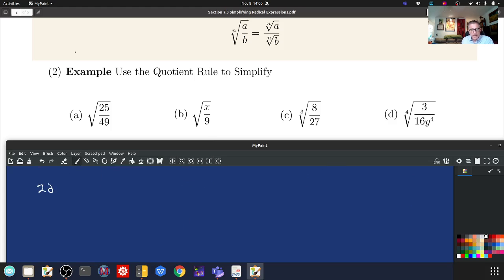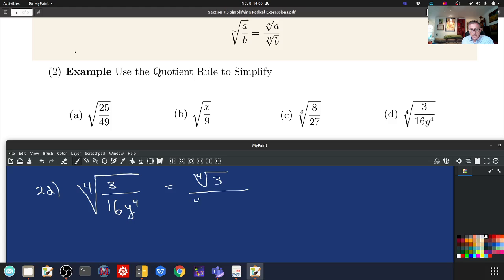2d. The fourth root, that's even. So we would always just take the positive answer if there is any. You'll see what's going to happen here. So that's equal to the fourth root of 3. That cannot be simplified. That's an irrational number.